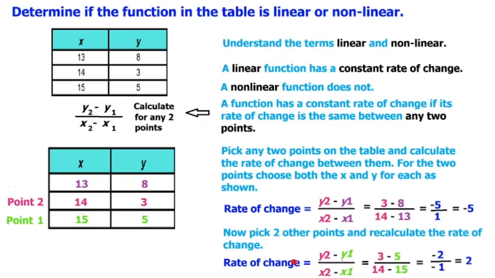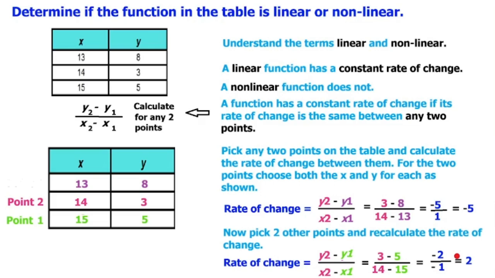So now let's put in the numbers. 3 minus 5 over 14 minus 15. 3 minus 5 is negative 2. 14 minus 15 is negative 1. Negative 2 over negative 1 equals 2.